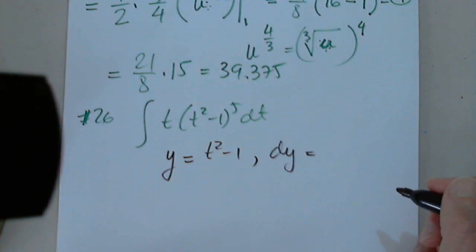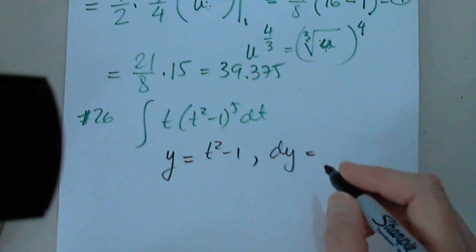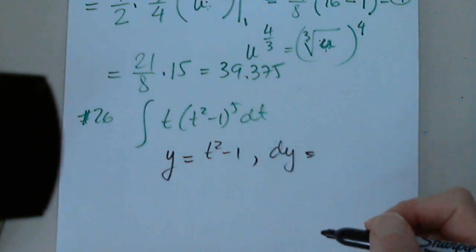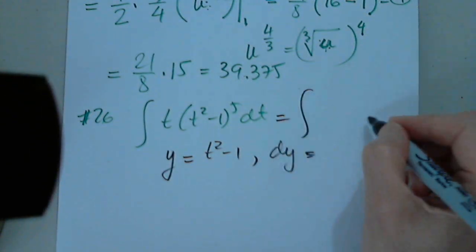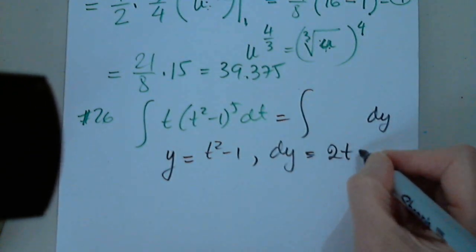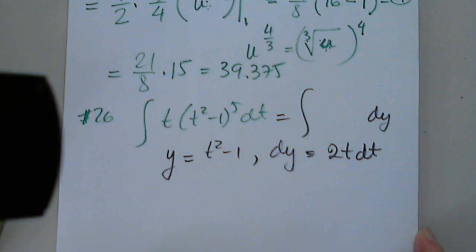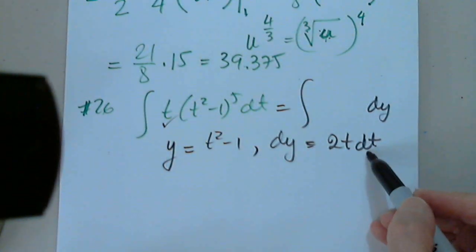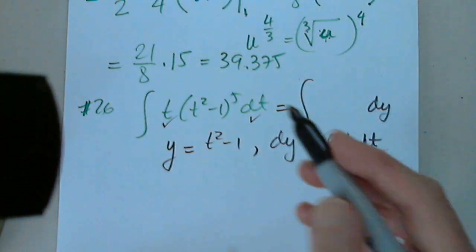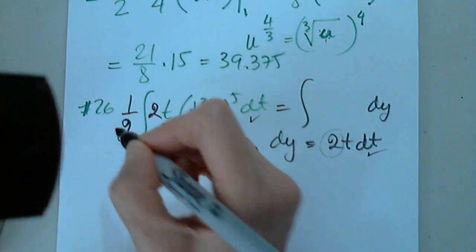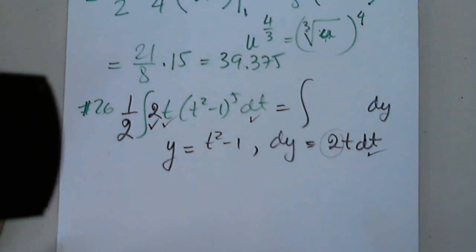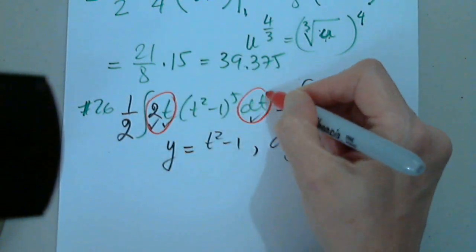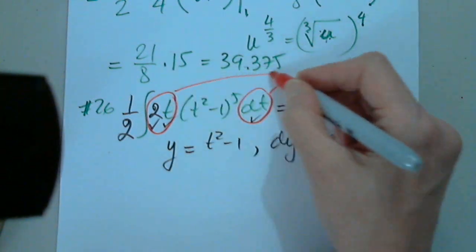Can anyone give us dy? 2t times dt. Perfect. Awesome. Do I have t? Yes. Do I have dt? Yes. I don't have the 2. Who cares? Now I have the 2.